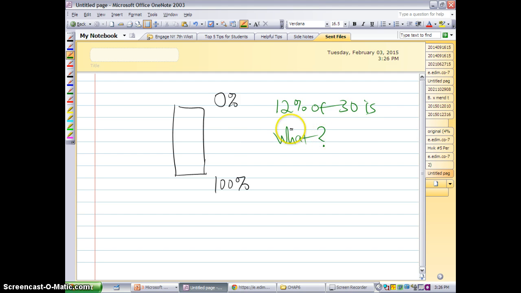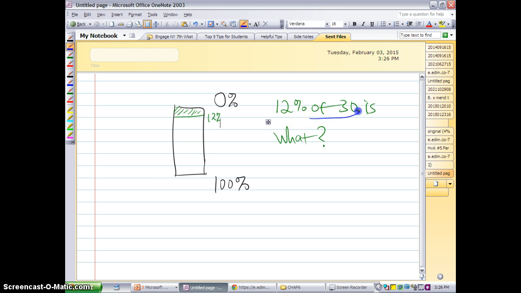Okay, and I'm gonna fill out 12% of this bar. So maybe I'll fill out like that much. It's probably a little less, and that would be 12%. Of 30 is what? Now, in a percentage, we could look at the bar as a percentage. We could also look at the bar as numerical values.